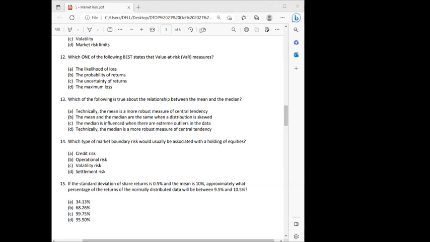Let me see. 7 responses. Question. Which of the following is true about the relationship between the mean and median?